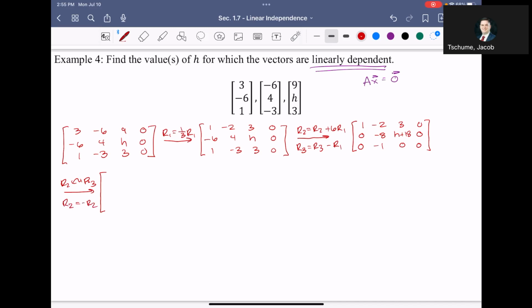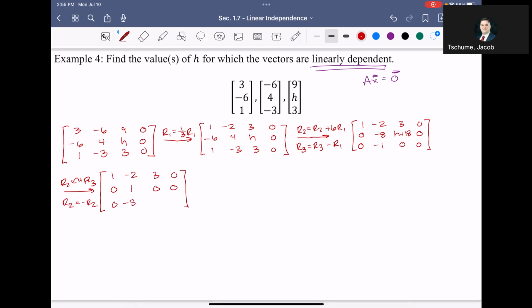Let me show you what I mean by that. The first row is staying the same. After I've now interchanged row 2 and row 3, I'm going to negate the new row 2 so it becomes 0, 1, 0, 0, and then 0, negative 8, h plus 18, 0. Once again, on small steps like that, I have no problem with you doing that for your tests and stuff, but just make sure you label what you're doing.